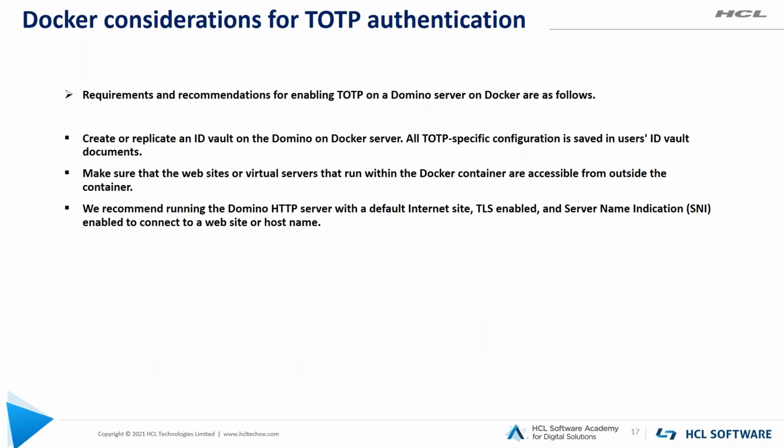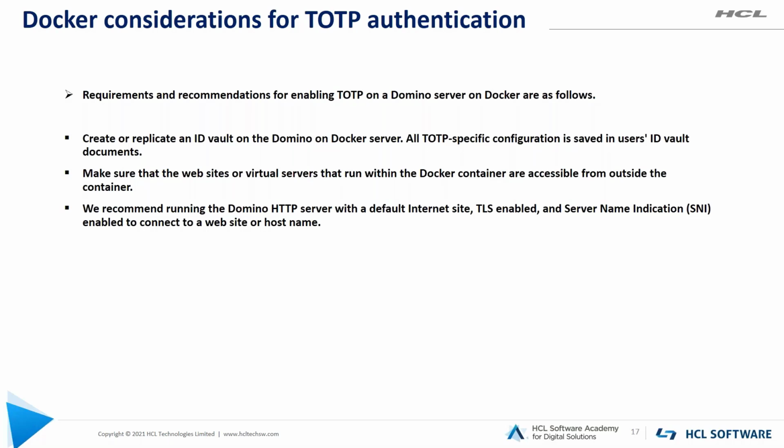In this slide, we will check the requirement and configuration for enabling TOTP on Docker-based Domino servers. Create or replicate an ID Vault on the Domino on Docker server since all the TOTP-based configurations are saved in the user ID Vault document.